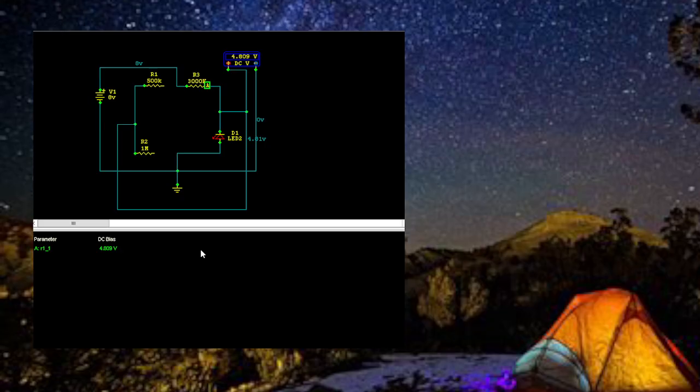I've got to assume that there's 3.2 volts across the diode reverse bias. 3.191.